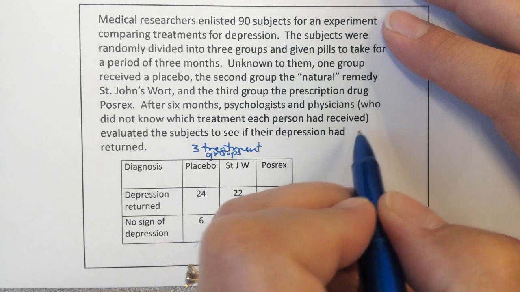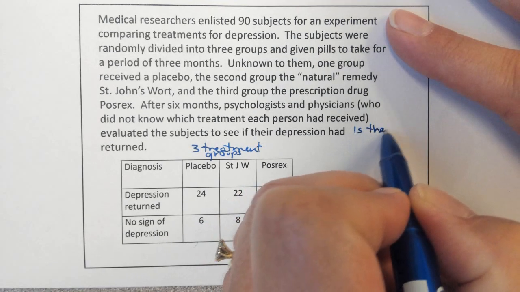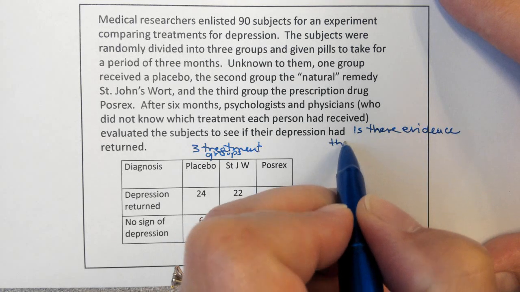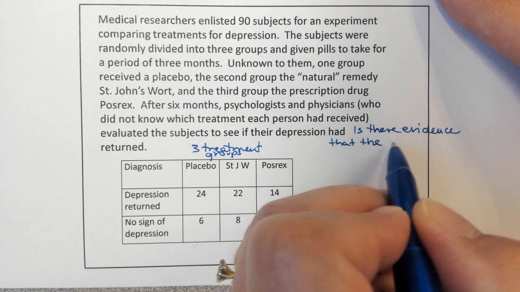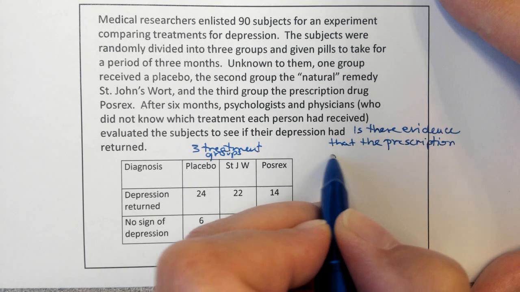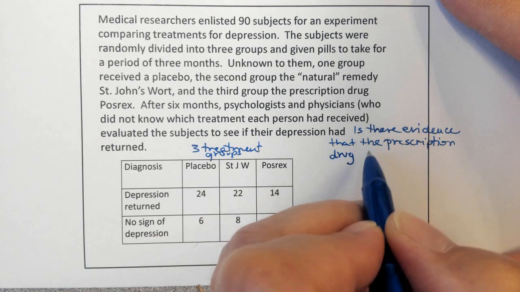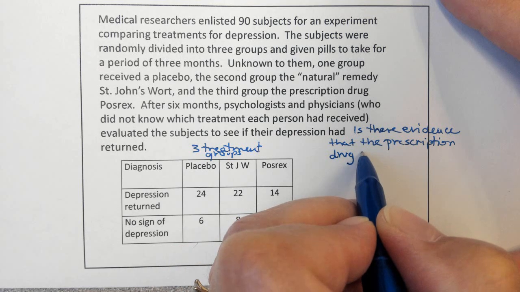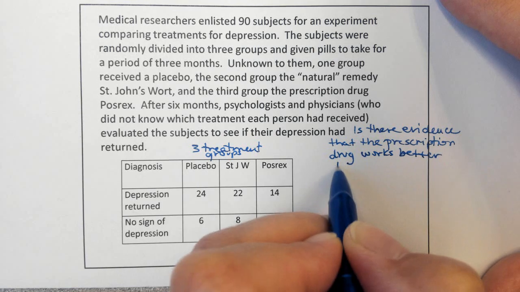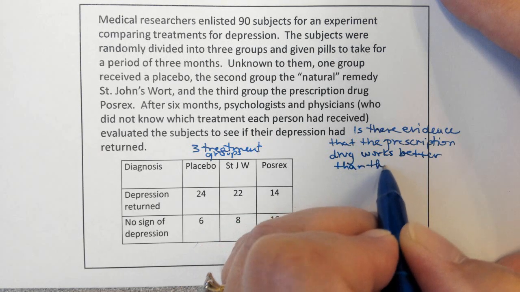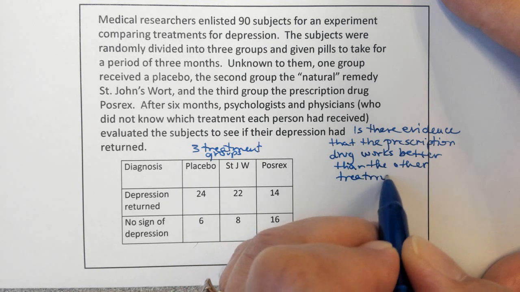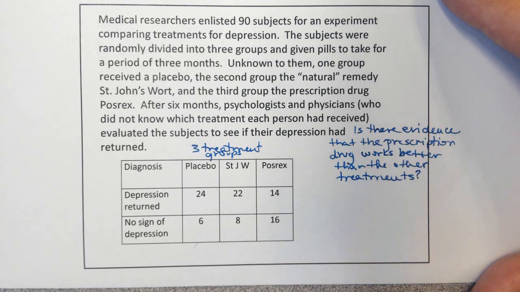Okay, so let's write our own question here: is there evidence that the prescription drug works better, we're going to use some kind of general terms here, than the other treatments? Because, let's face it, who wants to know? Well, probably the drug company.